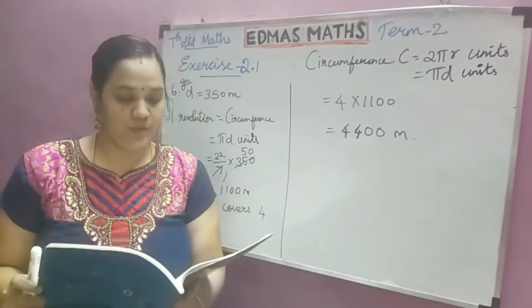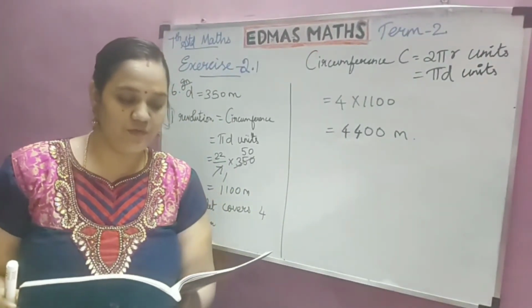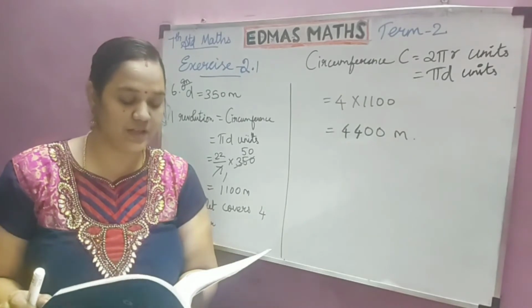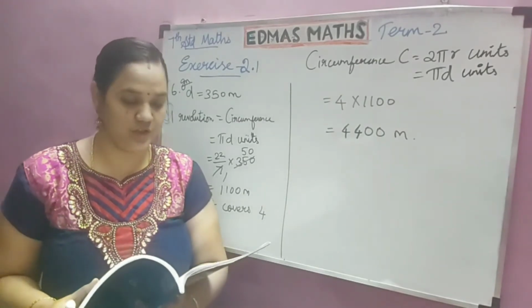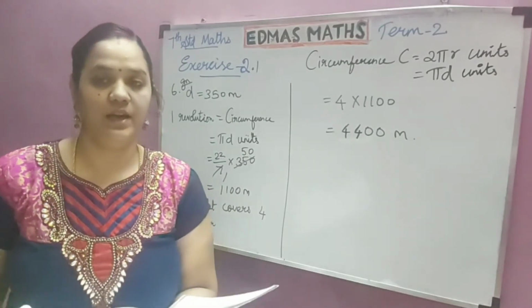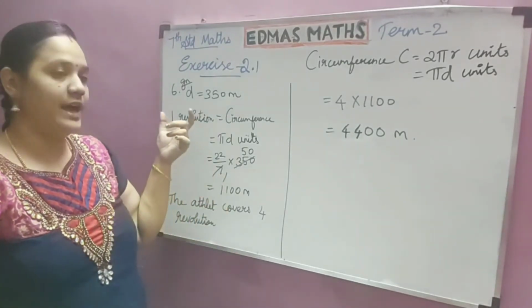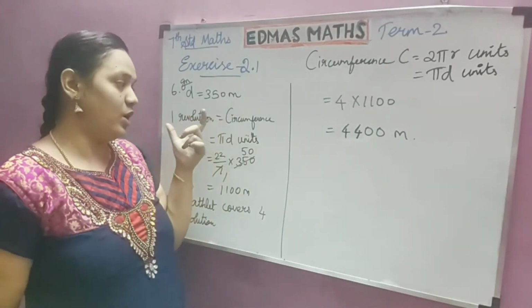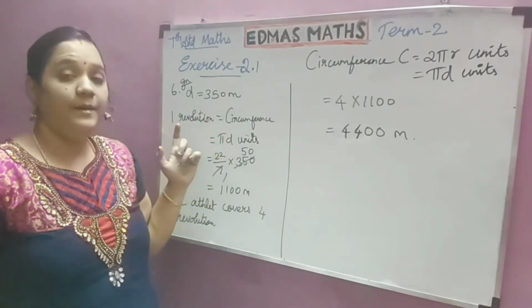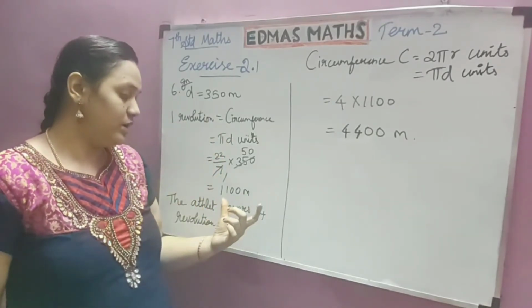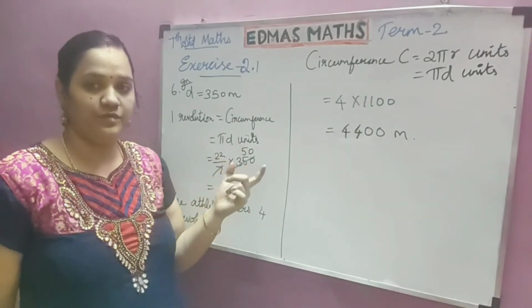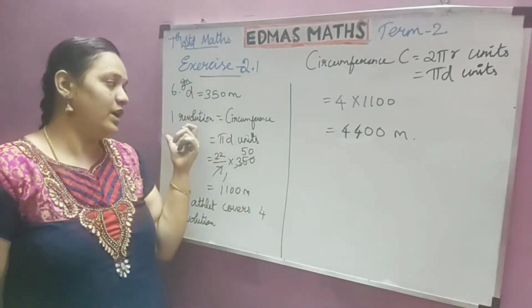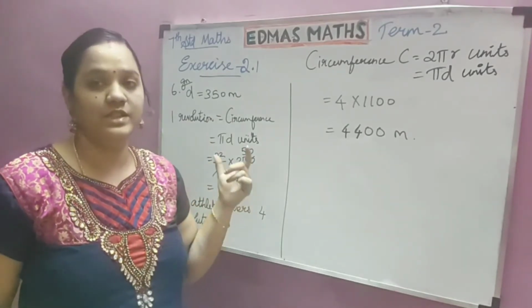Okay. Sixth problem. A ground is in the form of a circle whose diameter is 350 meter. An athlete makes 4 revolutions. Find the distance covered by the athlete. Okay. So here the diameter of the ground is given, and for finding out 4 revolutions we have to find out 1 revolution first. If we are finding out 1 revolution means we have to find out the circumference.